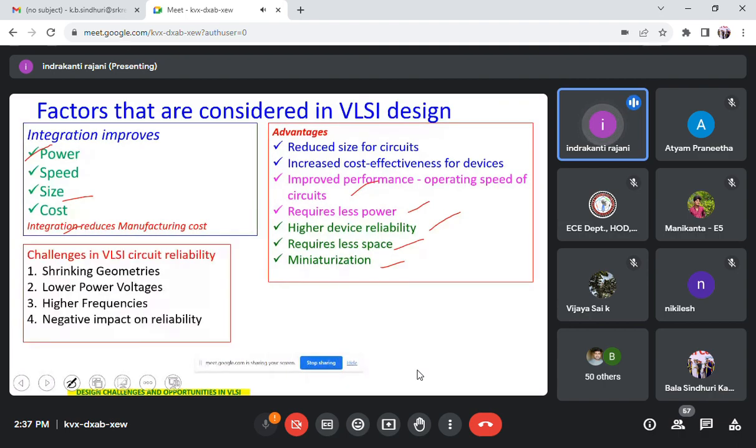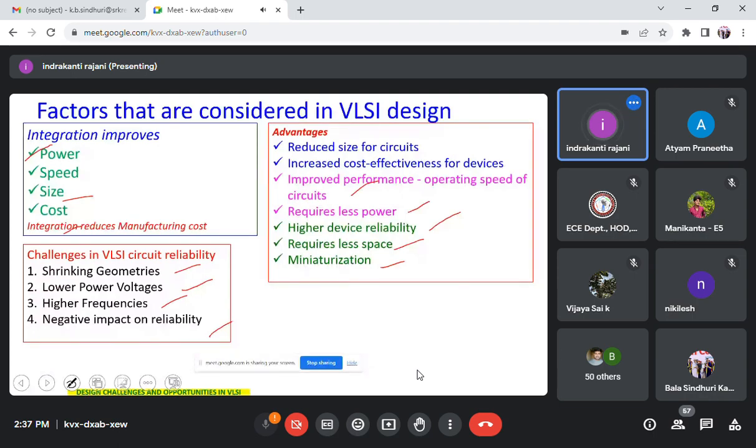But at the same time, you will have challenges at the circuit level: shrinking geometries, lower power voltages, higher frequencies, and negative impact on reliability. Shrinking geometries, low power voltages, and higher frequencies can be managed by using nanomaterials while making NPN transistors, PN junction diodes, and electrodes in the capacitors, in any dimension, 1 dimension, 2 dimensions or 3 dimensions.